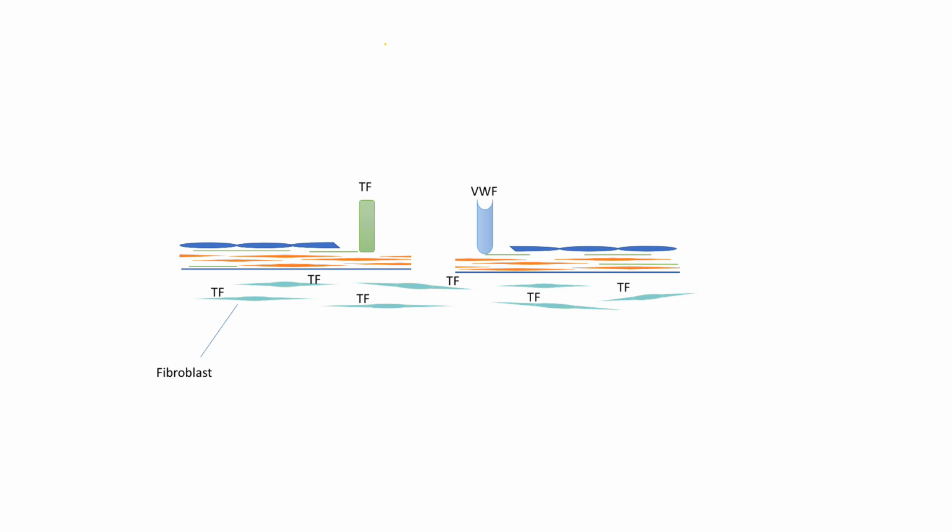Von Willebrand factor and tissue factor are present in the subendothelial region of blood vessels and are exposed after endothelial injury. Platelets bind to von Willebrand factor and initiate formation of the platelet plug. And factor 7 binds to tissue factor and this starts the clotting cascade.